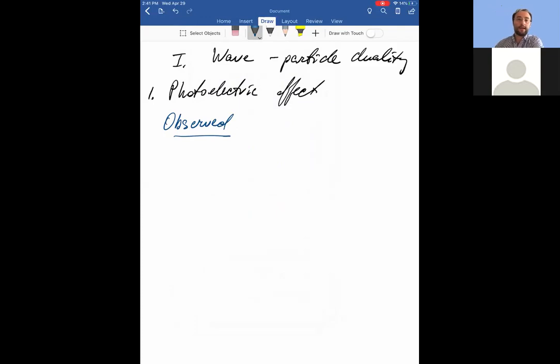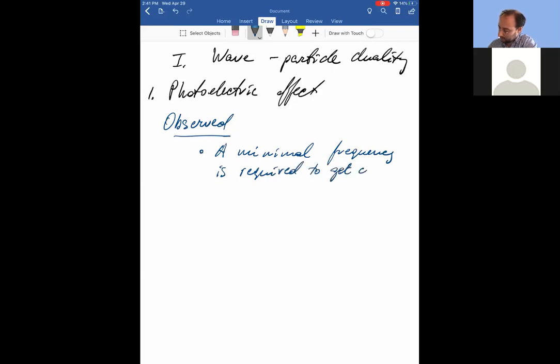First, a minimal frequency is required to get current out of the metal. Light of frequency below a certain value, even if intense, even if it's very bright, simply did not dislodge electrons out of a metal, and that's hard to understand.